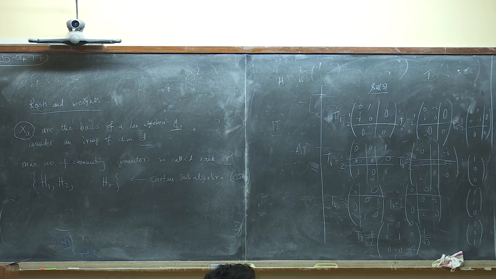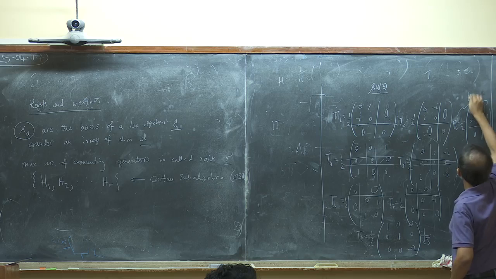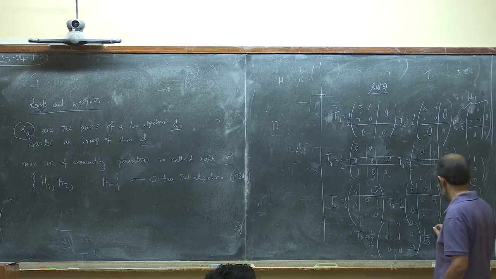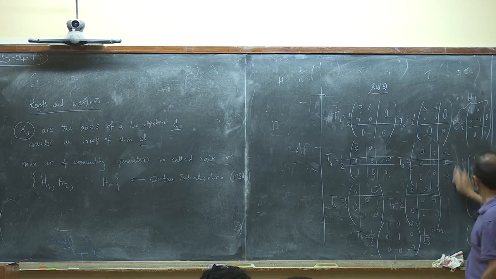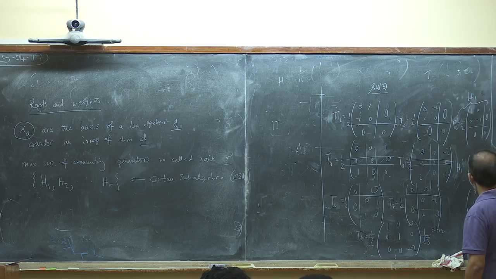So what are my H's here? What's the Cartan subalgebra? Good. This is what I would call H1, and this is what I would call H2. Clearly, each of these 3 guys is an eigenvector of the H's. So H1 acting on this guy gives 1 times 1, 0, 0.